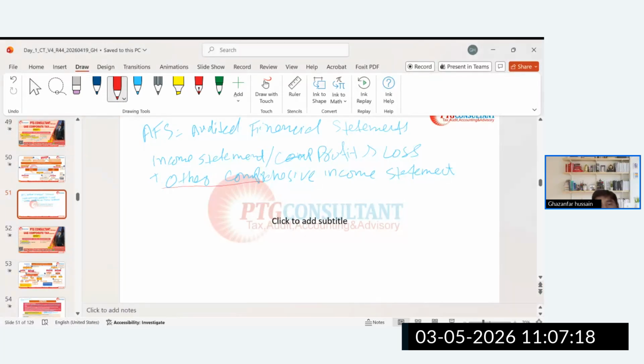Guys, please focus over here now. The question, thank you very much. We have already seen the responses, and we understand that the majority of answers were not correct. That's why I'm explaining the audited financial statement again.